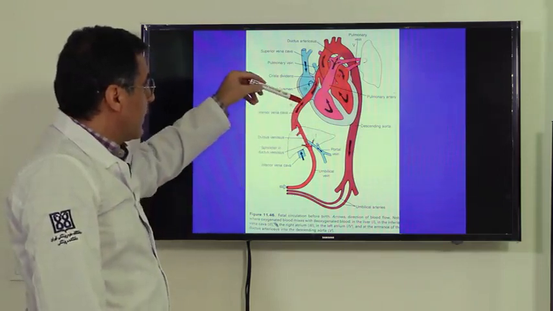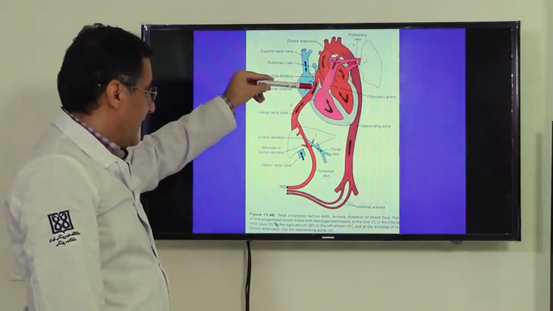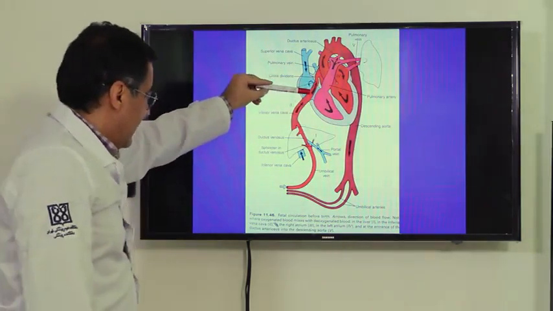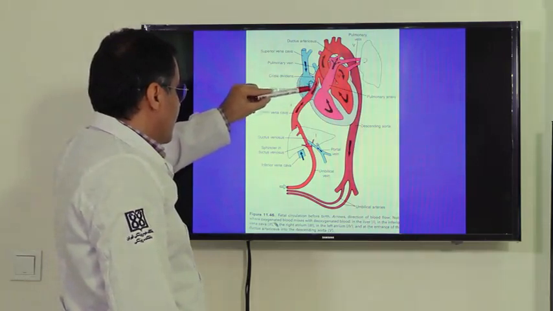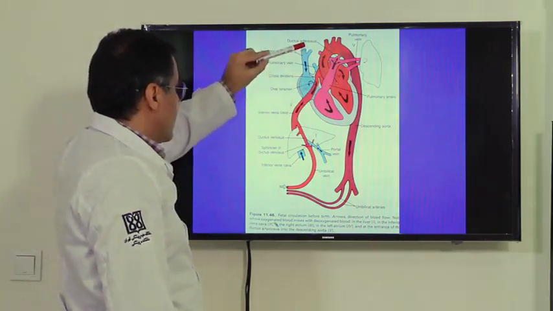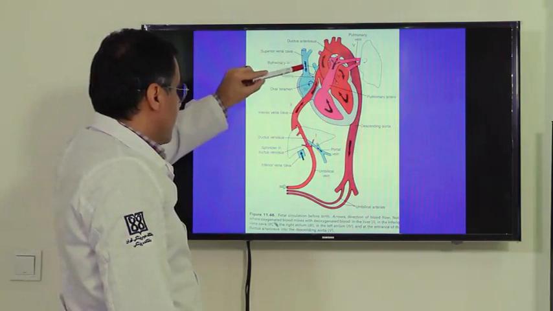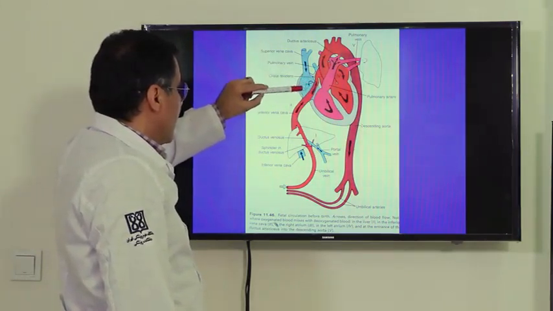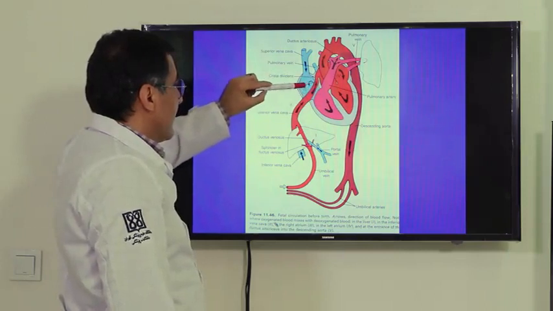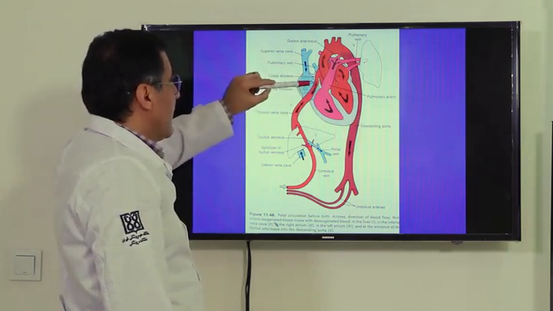and when the blood comes into the heart, here in the right atrium, again we have mixed blood, because this is deoxygenated blood coming from the head and neck. Again here we have a decrease in the oxygen in the blood.